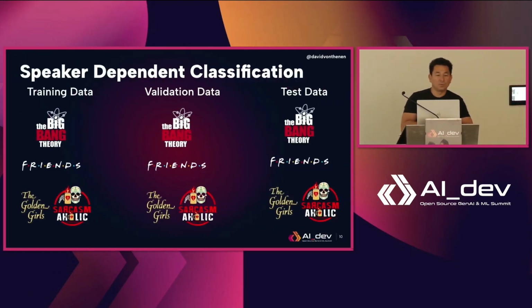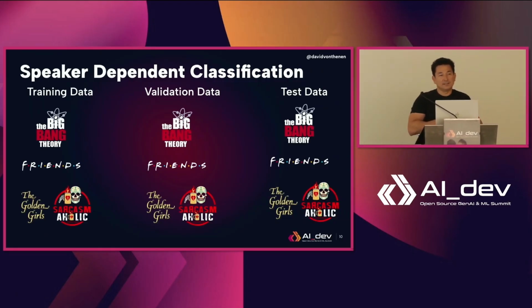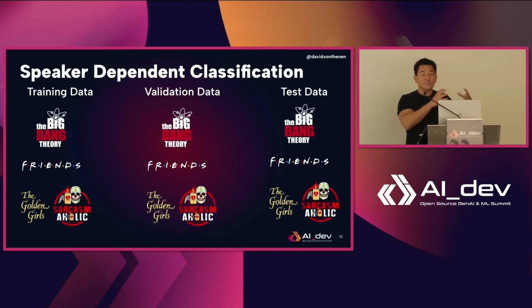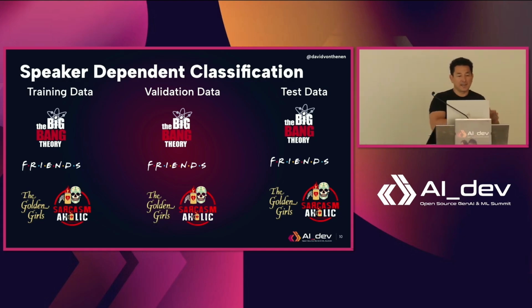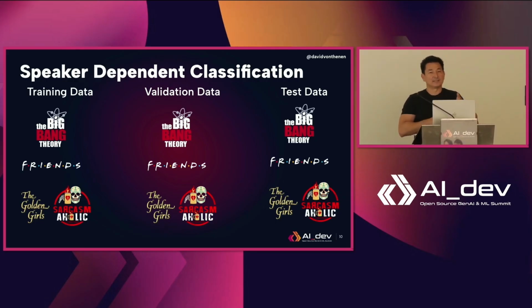So what is speaker-dependent classification? We're using the MP4s, the video from these four popular TV shows. Speaker-dependent classification is where we take a mix of our data, with representation from Big Bang Theory, Friends, Golden Girls, and Sarcasmaholics Anonymous in the training data, the validation data, and the test data.